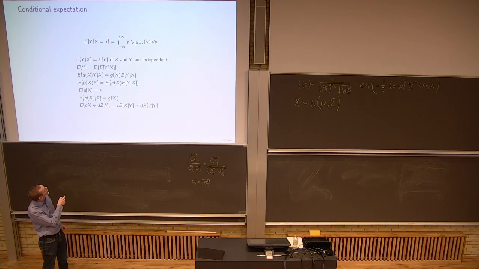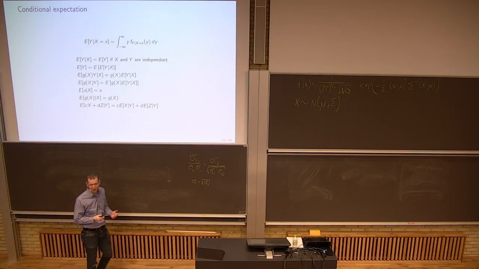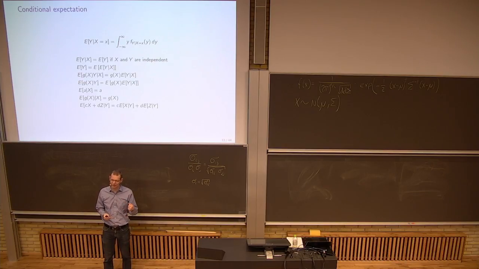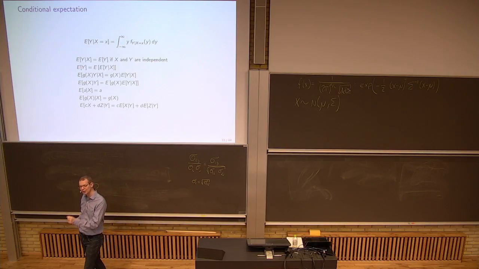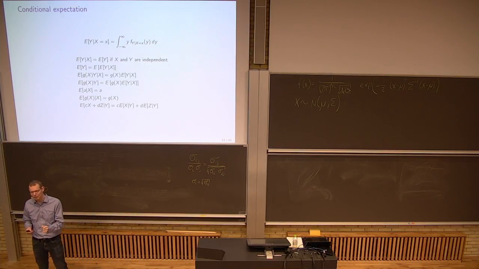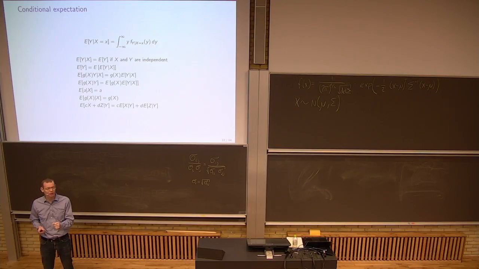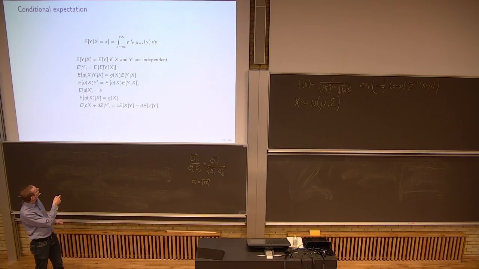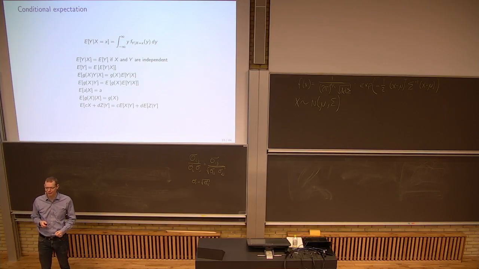We don't give a value for x, so it becomes a random variable where x is the random part. We take the expectation of y given a value of x, but we haven't specified what x is. That is still a random variable. But now we can take yet another expectation of that random variable, and then we just get the expectation of y.